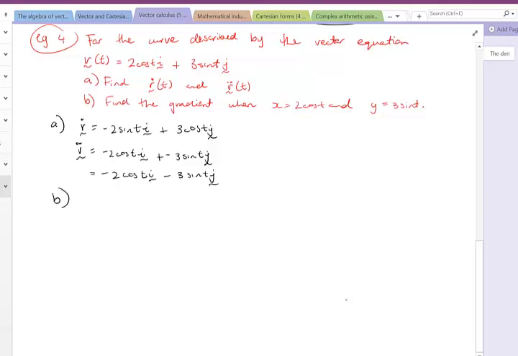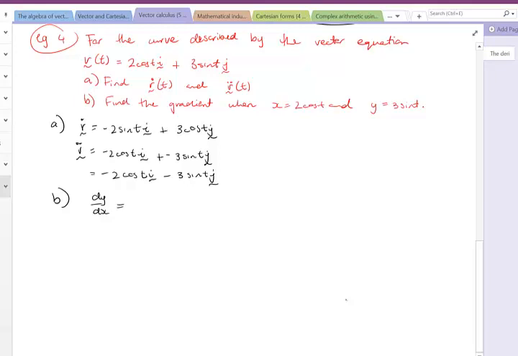Now, if we're going to find the gradient when x is equal to 2 cos t and y is equal to 3 sine t, essentially what we're looking at is we're trying to find dy dx, but because we've got everything with respect to t, we'll have to use a process called related rates.